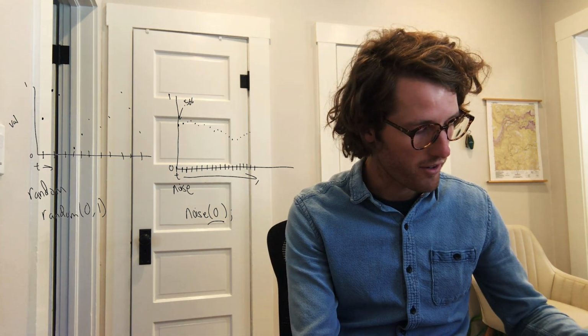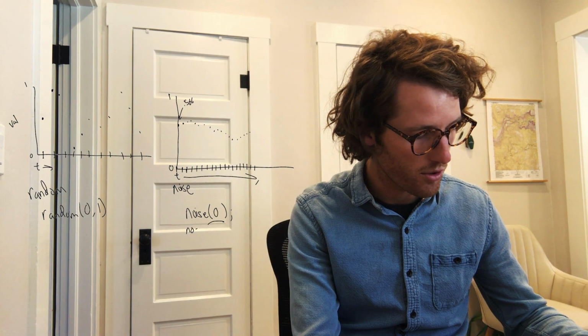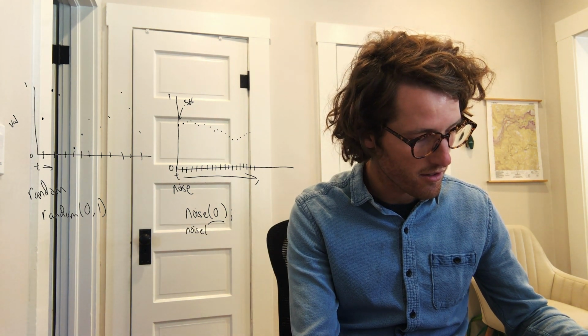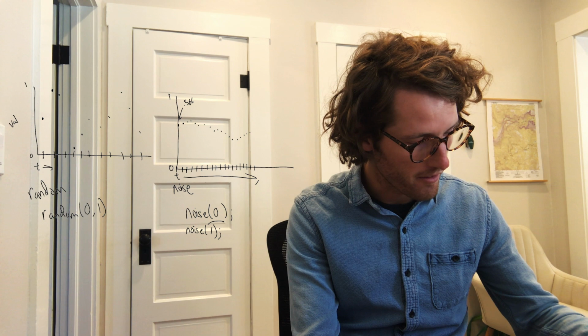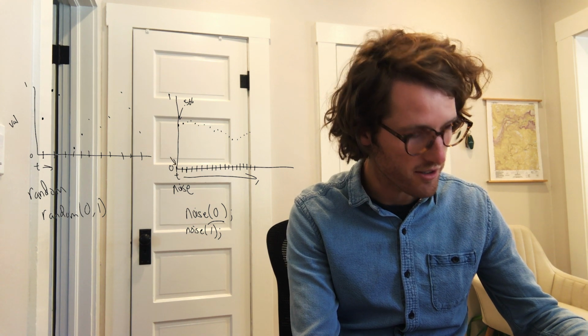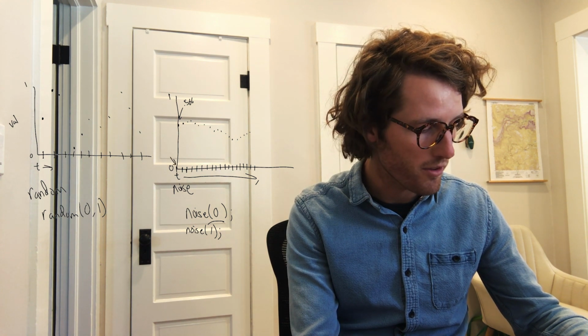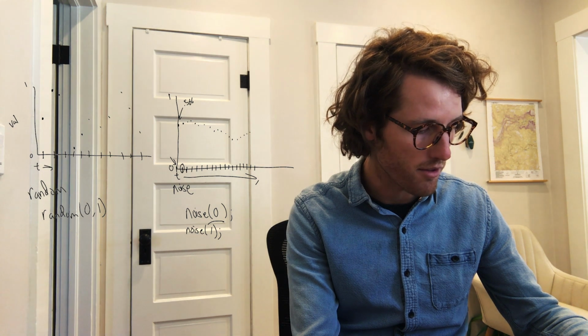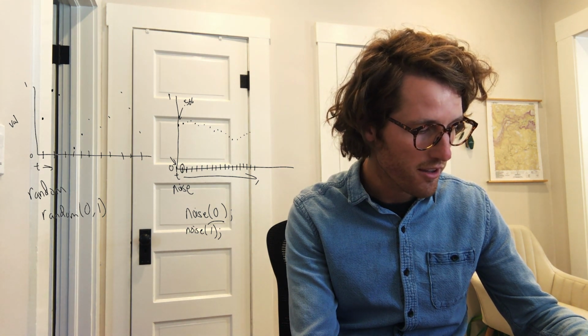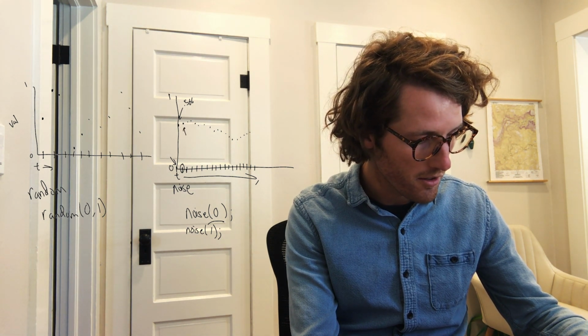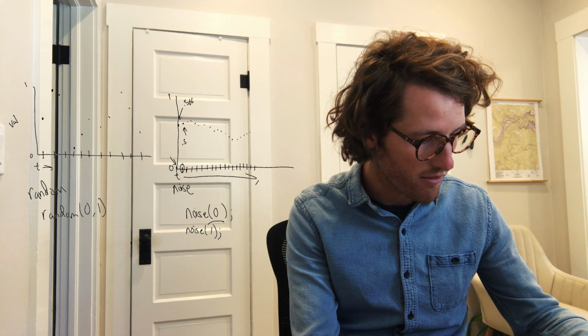Now, what if I said give us noise 1? So that was 0. Now we want the one that's at 1. So now the noise value at 1 is there. Looks like a little bit bigger. So maybe that was 0.58.